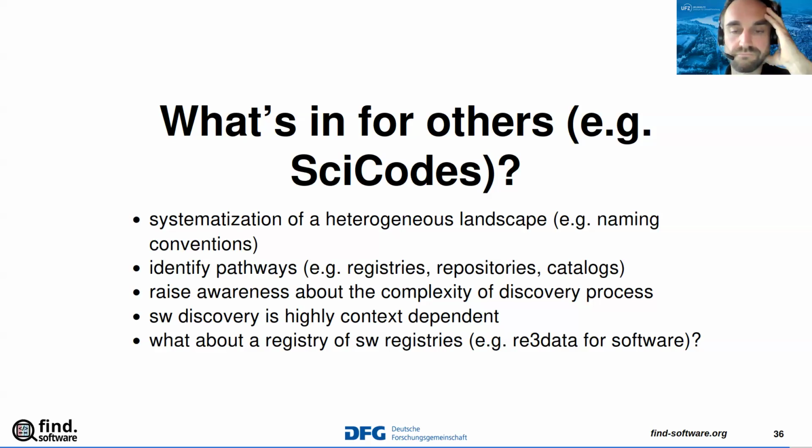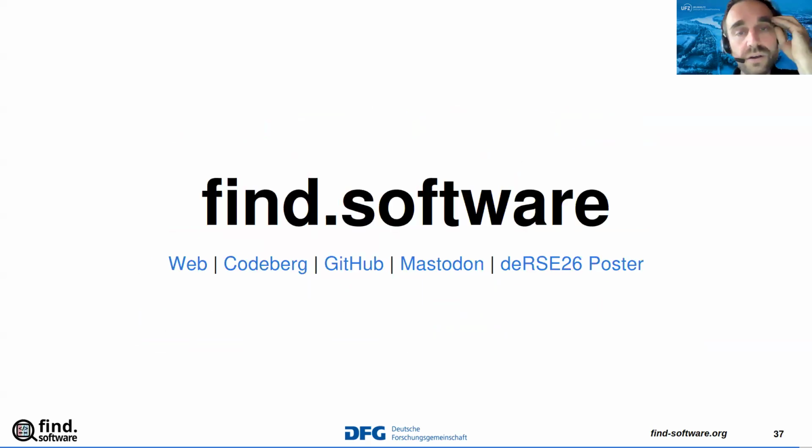For instance, we could systematize the pathways that we analyzed and assess them within re3data, so that re3data, which already started to assess software, could be enhanced as a research software registry, or a registry of software registries.